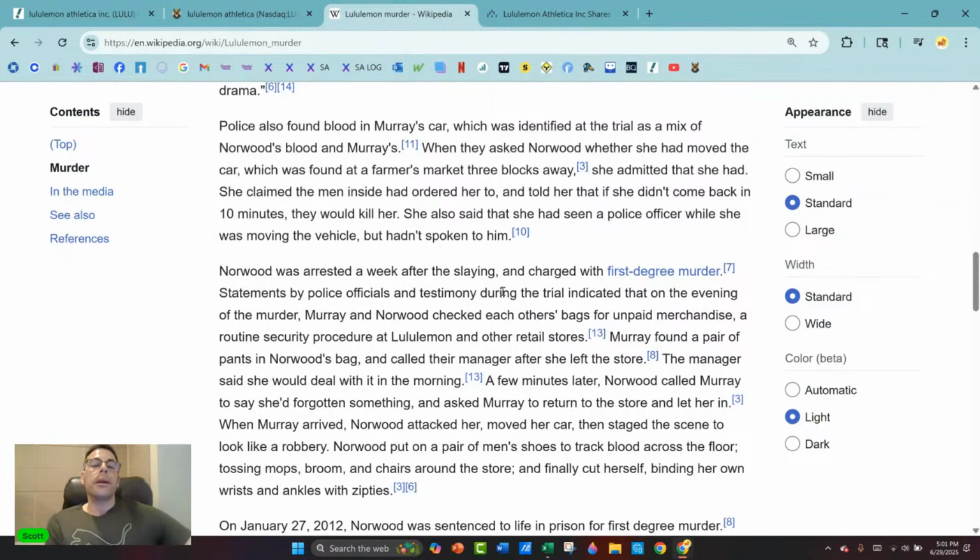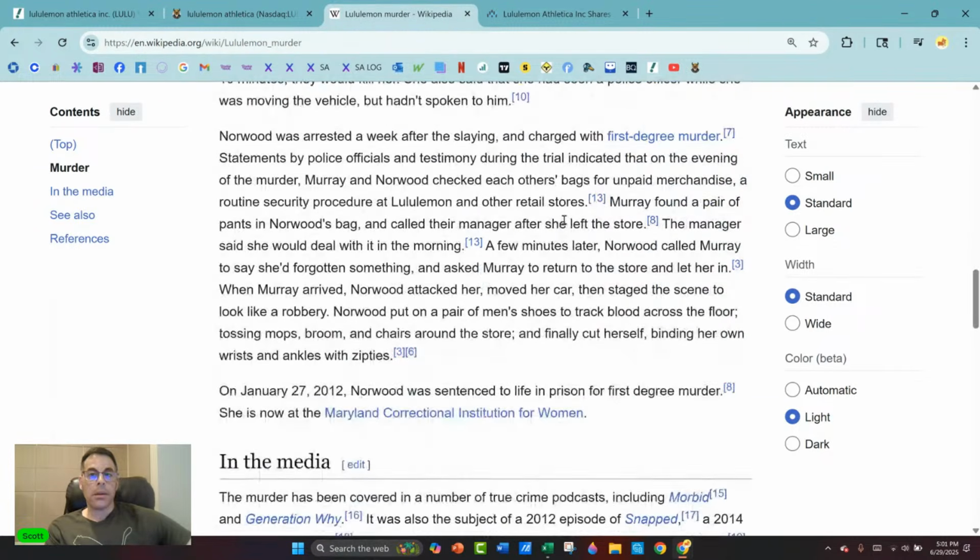Police also found blood in Murray's car, which was identified at the trial as a mix of Norwood's blood and Murray's. Norwood was arrested for first-degree murder.